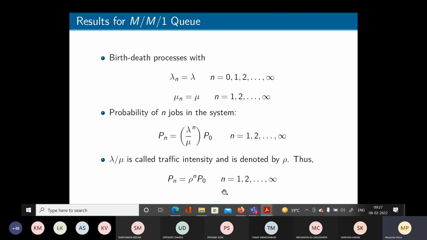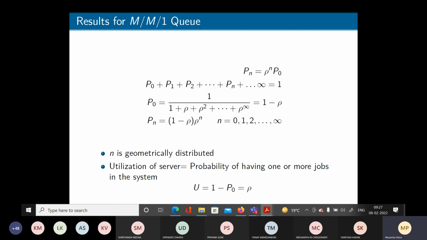Now we can write that P0 plus P1 plus P2 and so on to infinity is equal to 1. So P0 is equal to 1 upon (1 plus rho plus rho square plus so on to rho power infinity), that is equal to 1 minus rho, which gives Pn is equal to (1 minus rho) times rho power n. This we have already seen.